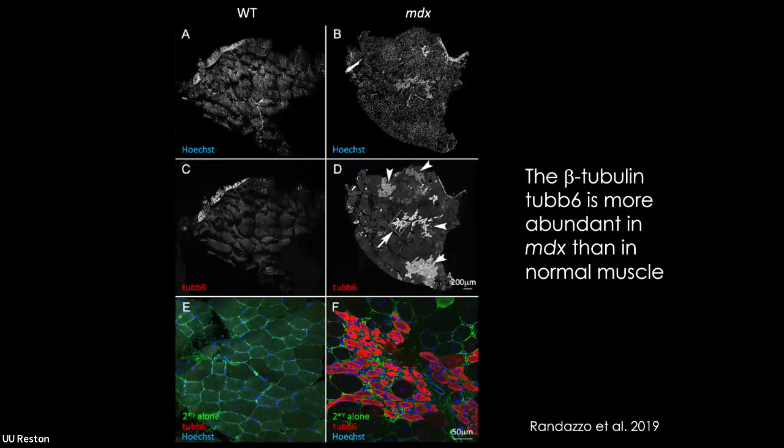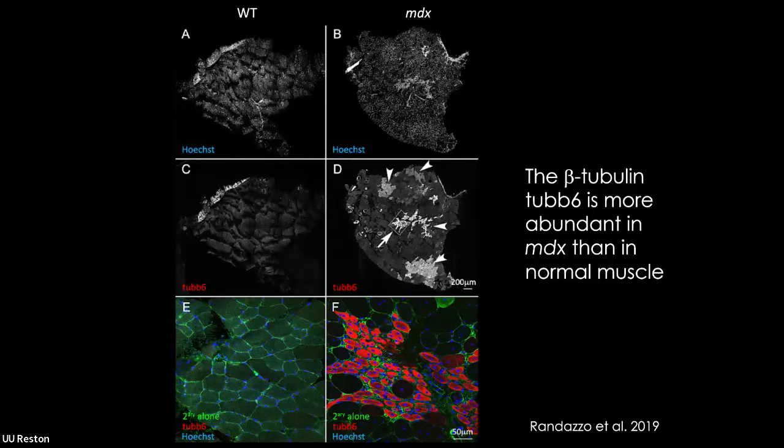And just what I would like to show you: on the left column you have the wild type, the normal muscle, and on the right side you have this MDX muscle, and you can see that there is a lot more of these red muscle fibers on the right side in the MDX, and so they contain a lot of these top 6.